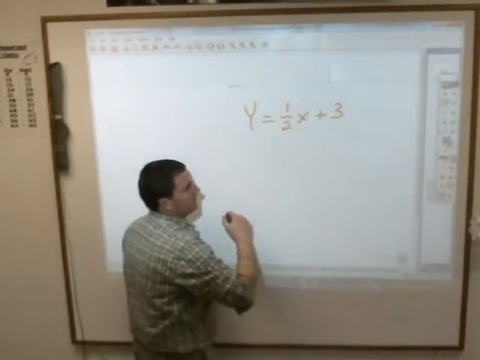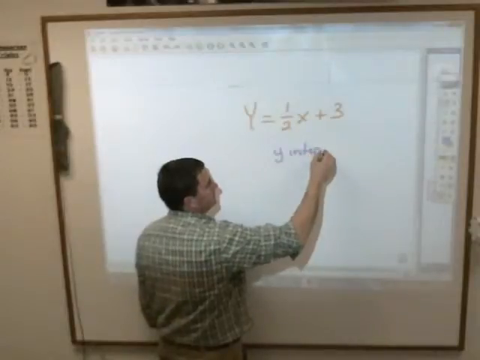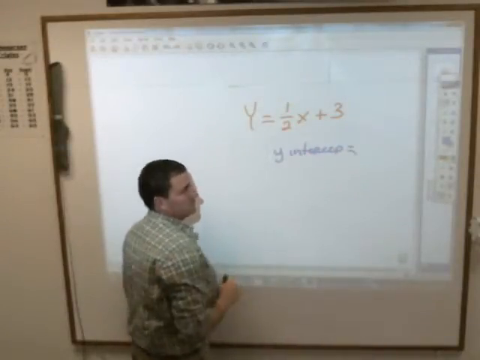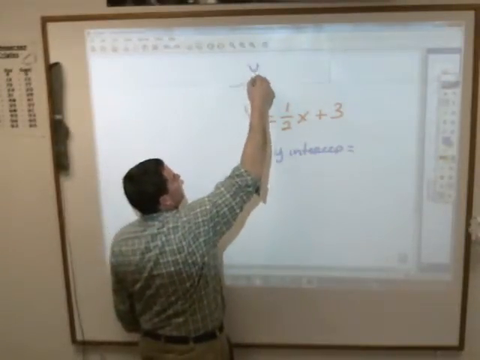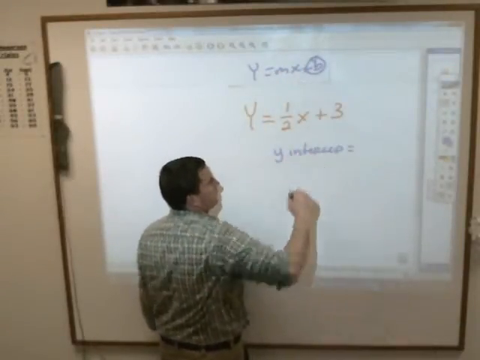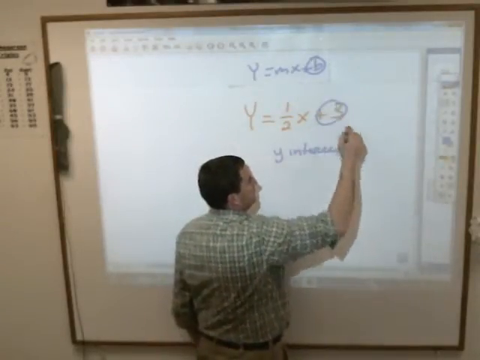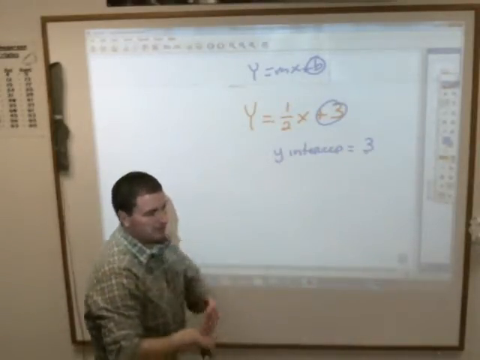The first thing we know is that the y-intercept is what? Remember talking about the y equals mx plus b. B is the y-intercept, so the y-intercept on my equation here is what? 3. Here's my y-intercept. What does that mean?